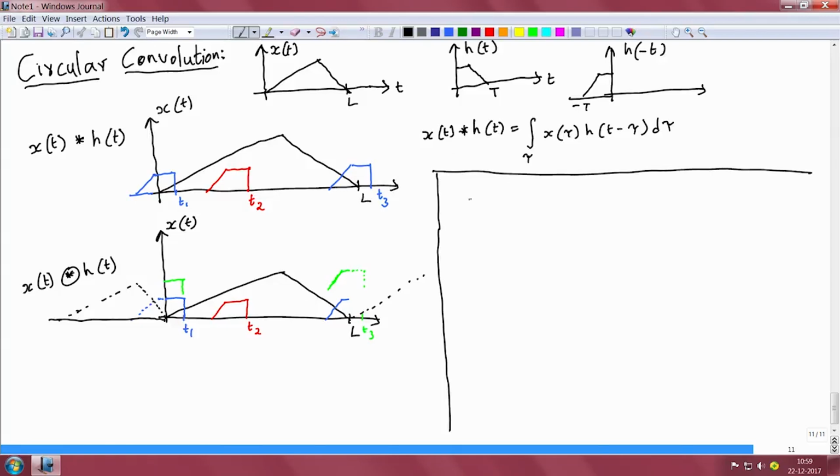So, let us look at what happens when we do x of n circular convolved with, let us say, delta of n minus 1. In this particular case we have x of n, so it might have some impulse responses. This is a discrete time signal and we have delta of n minus 1.